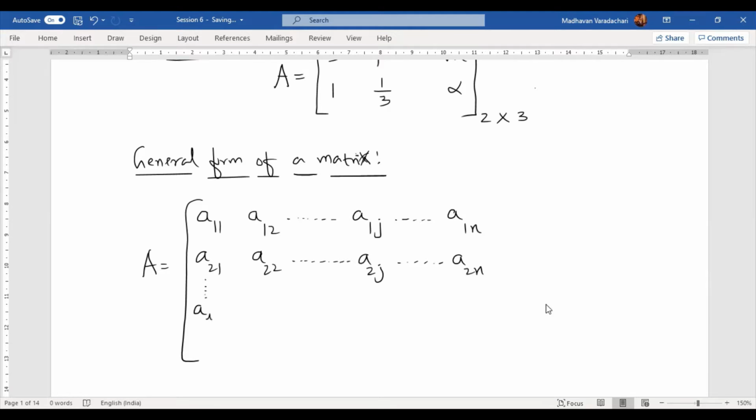Let me write ith row, Ai1, Ai2, and so on, Aij, and so on, Ain, and so on. Let me write mth row, Am1, Am2, and so on, Amj, and so on, mth row, nth column.